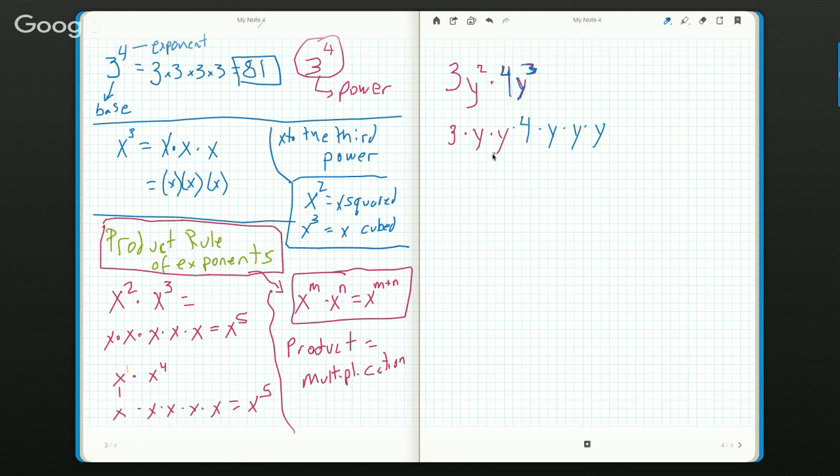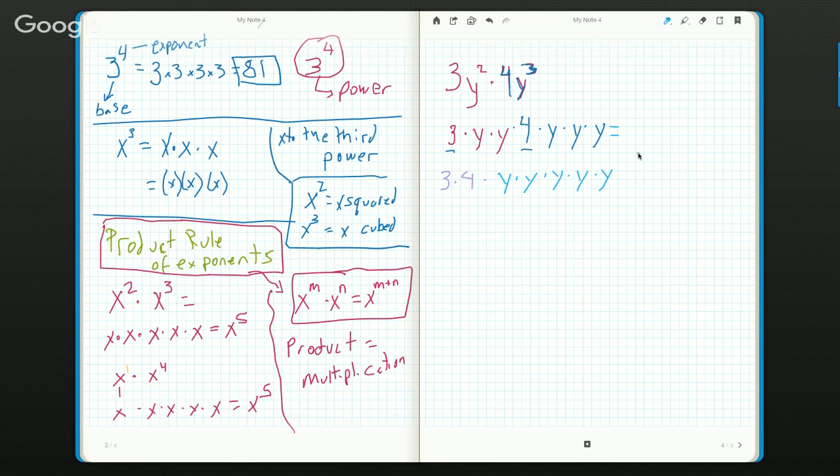And so now I'm going to collect, because multiplication is commutative, I can just move everything around. 3 times y times 4 times y times y times y is the same thing as, and let's just pick some new colors, 3 times 4 times y times y times y times y times y.